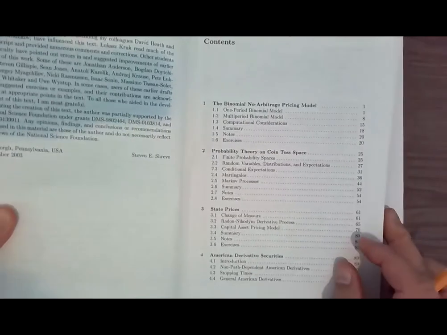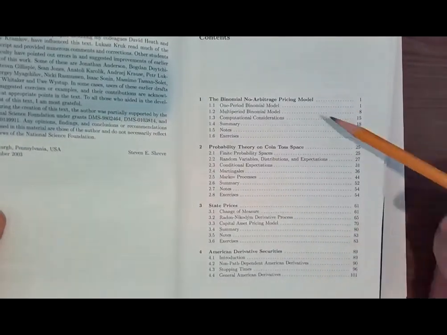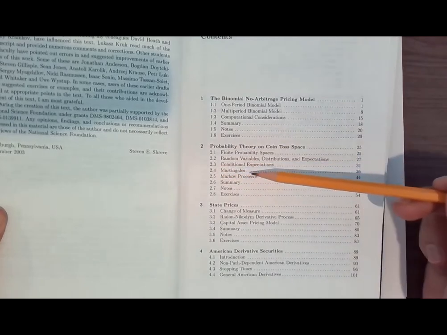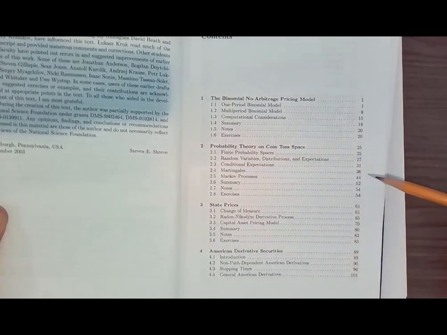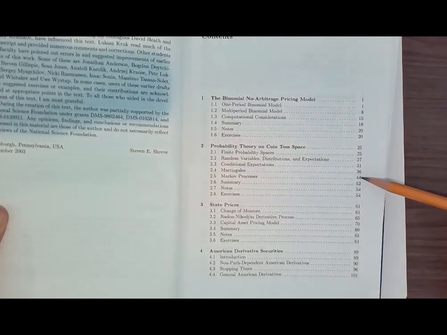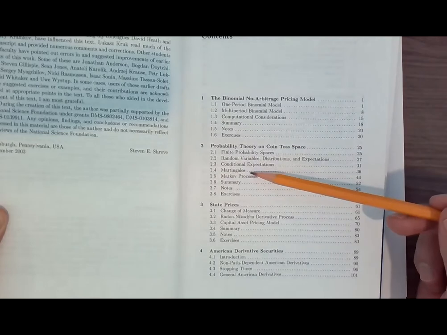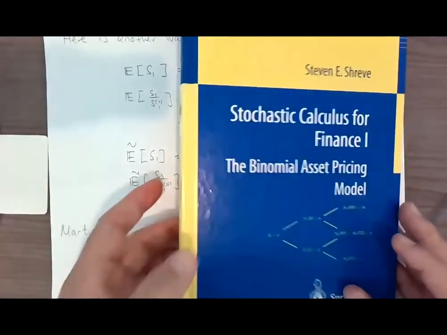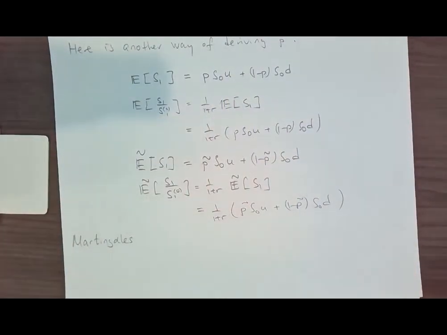You can see it coming when you're in chapter number 2. This is section 2.4. There's the word martingales, and you can see it's a big chapter. It has like 8 pages in it. So it's a sizable chapter, and it's coming in chapter 2, section 2.4.